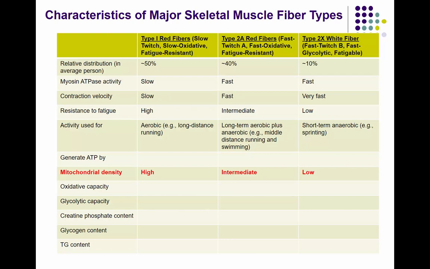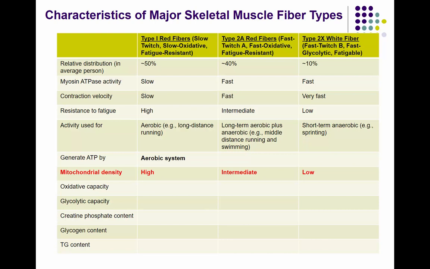Aerobic, right? Yes. So the aerobic system, or metabolic activity, is used in the type 1 fibers for generating ATPs. Again, because type 1 fibers have a higher mitochondrial content, so higher oxidative capacity, you'll be able to utilize the aerobic system to generate ATPs.